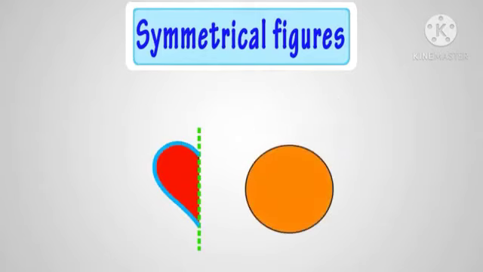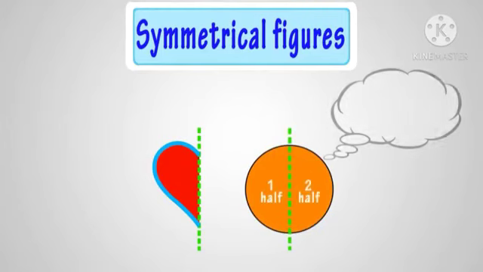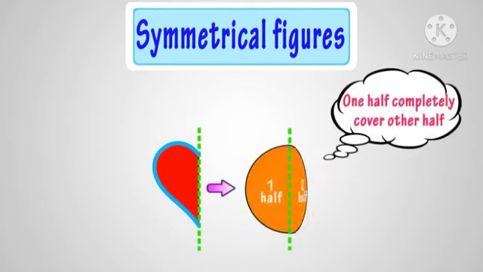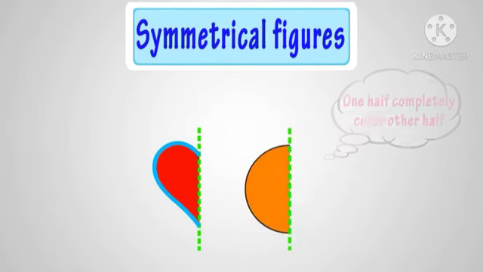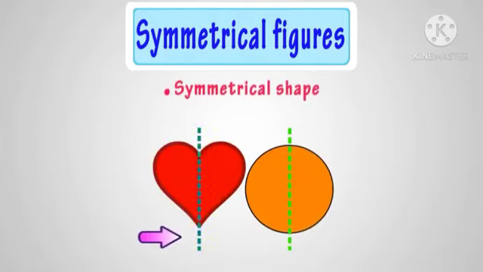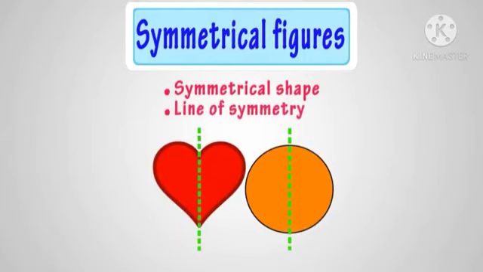And when you fold this shape, the one half completely covers the other half. So we say that the shape is symmetrical and the folding line is the line of symmetry. So these shapes are symmetrical shapes and the line divides the shapes in two similar halves. That line is called line of symmetry.